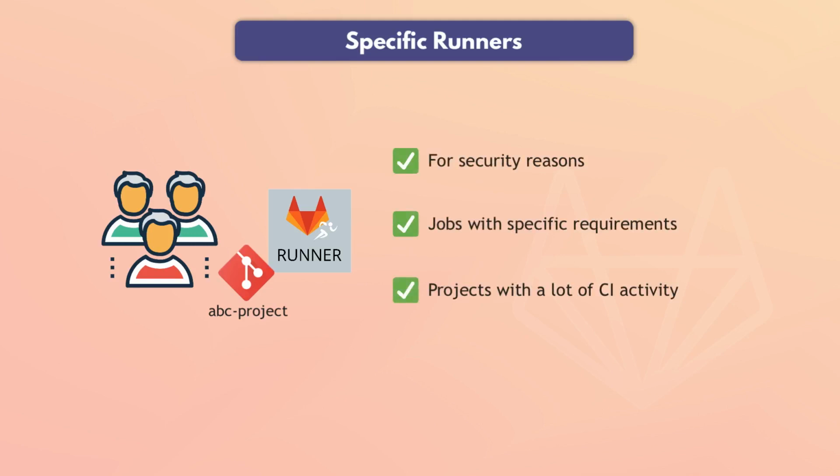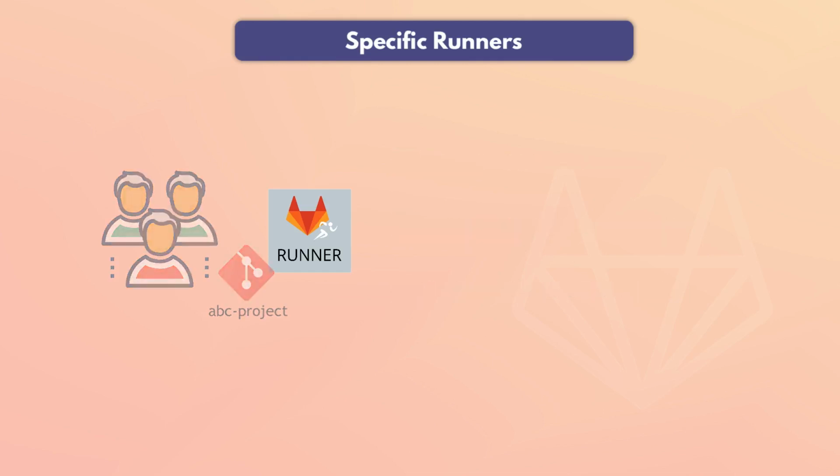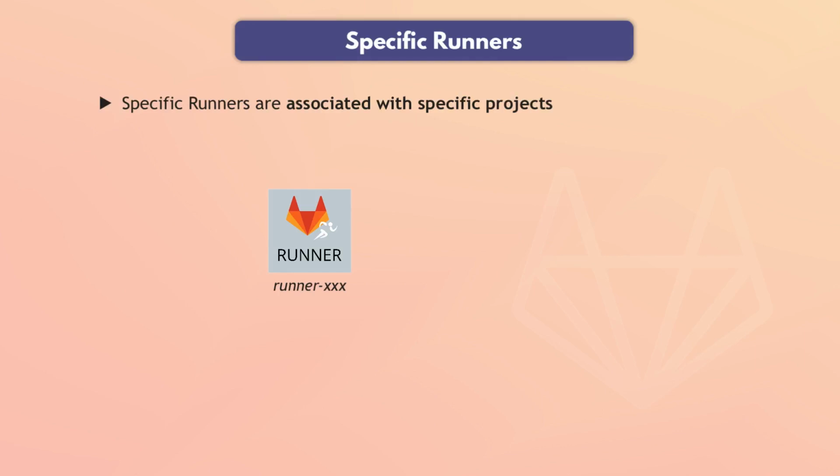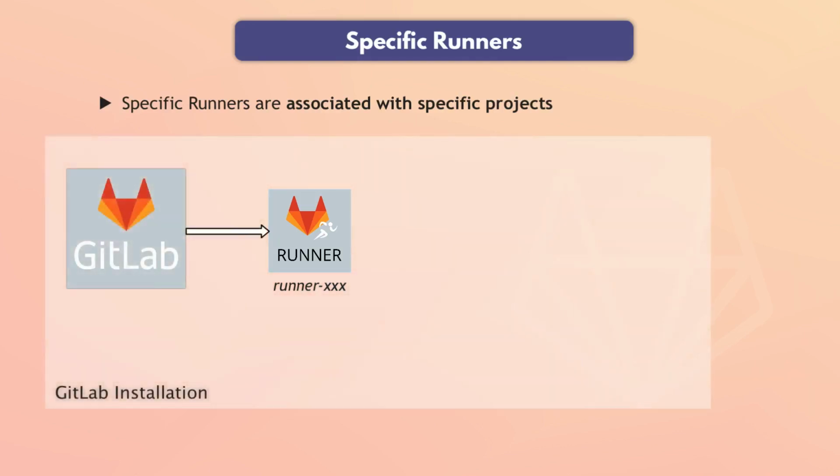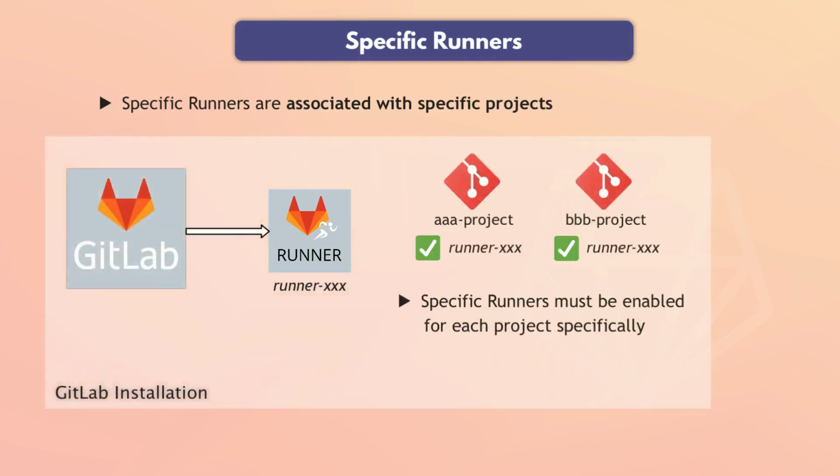And for that, we have this other type of runners called specific runners. And we saw that quickly in the GitLab CI/CD settings section. So specific runners are project specific. When you create them and register them, you can connect it to a project and make it available for only those projects.